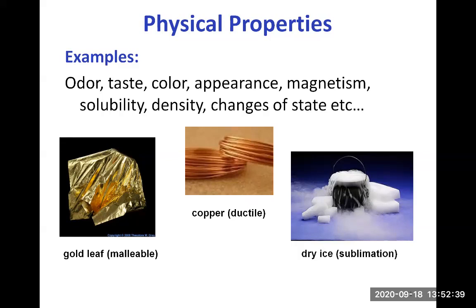Copper here is ductile. It's been drawn into a tube, a thin pipe or tube. The gold leaf here is malleable. You can fold it, hammer it, put it into a different shape physically. And so all these properties are properties that will not change the nature of the substance you're observing.